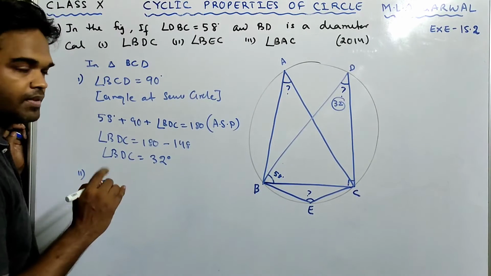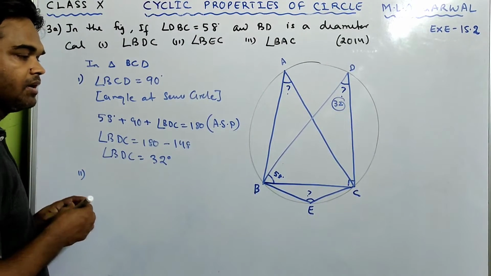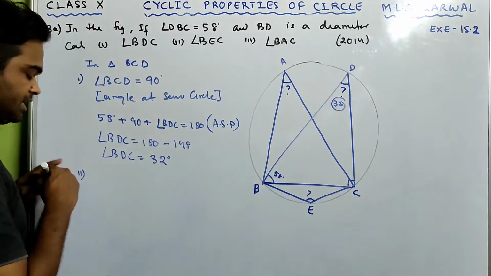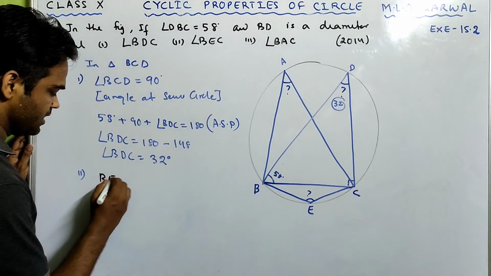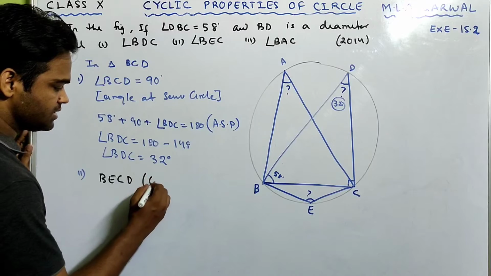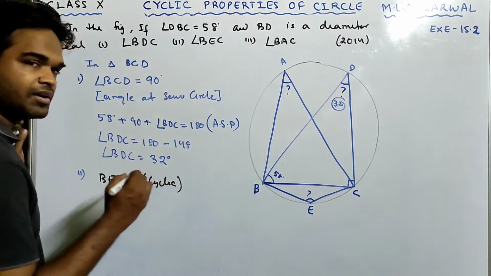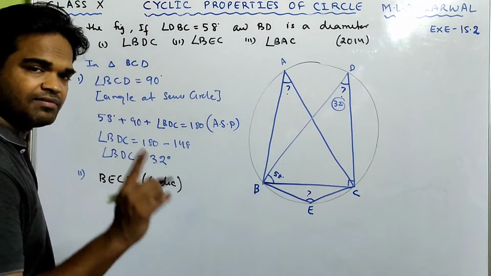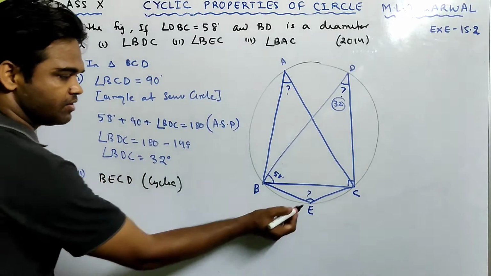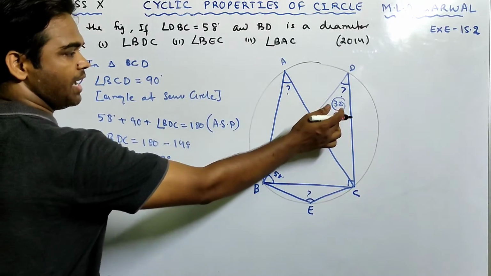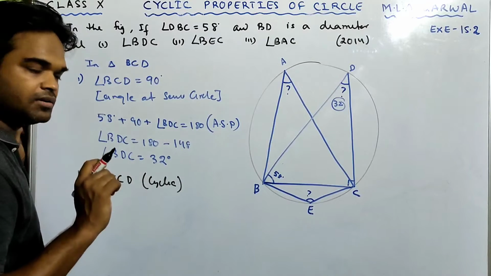Now look carefully. Look at the quadrilateral BECD. That's a cyclic quadrilateral, which means opposite angles will add up to give 180, which means angle BEC and angle BDC add to give 180.